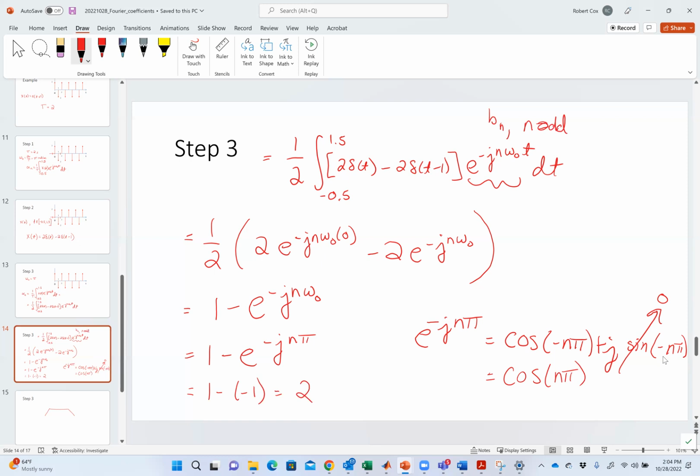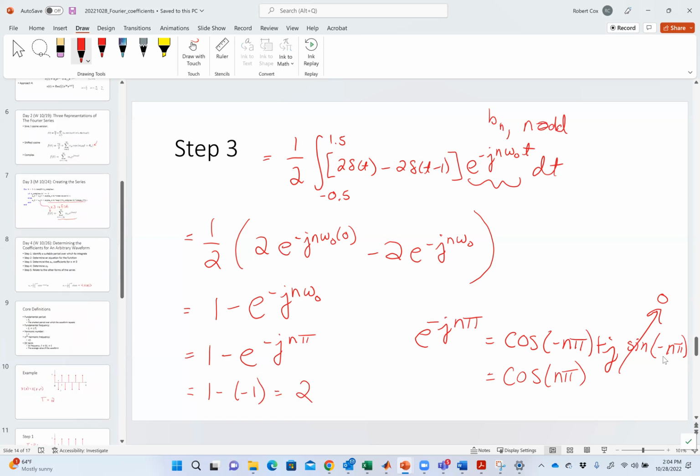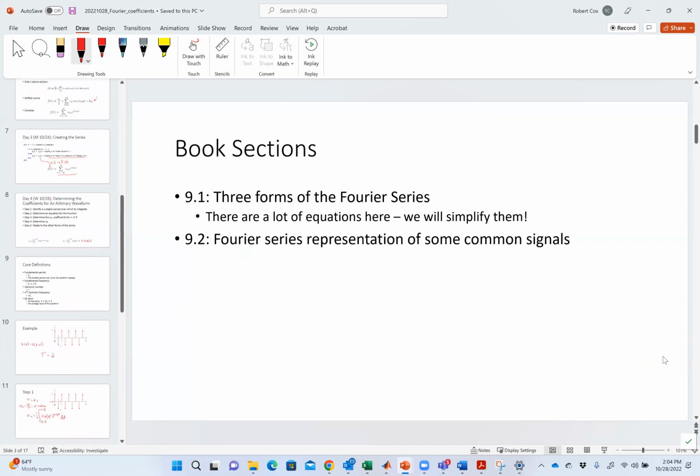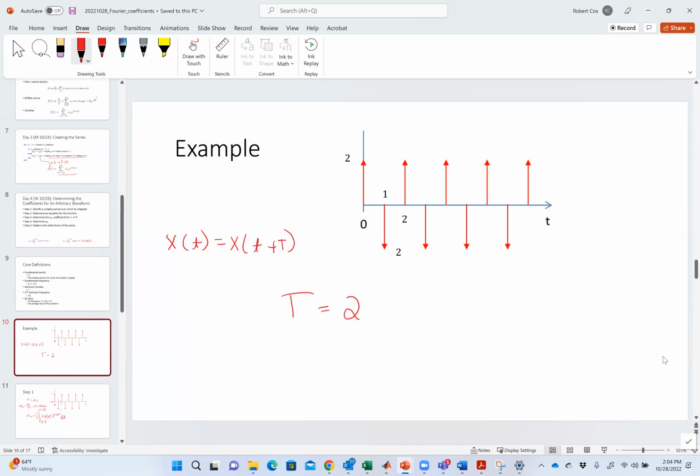Now, if you go beyond section 2 in the book, you'll find all sorts of properties of Fourier series. If I have what is called an oddly symmetric waveform like this, based on the symmetry around the axis, it's always going to be the case that the even harmonics go away.